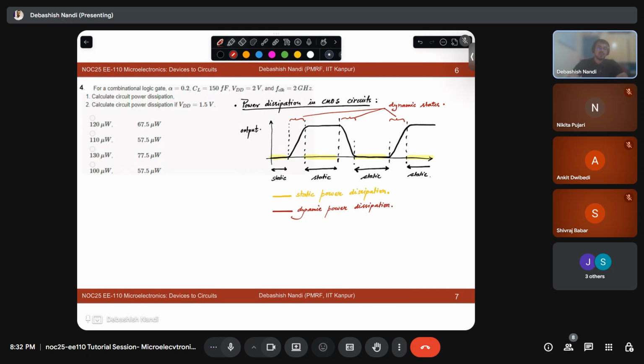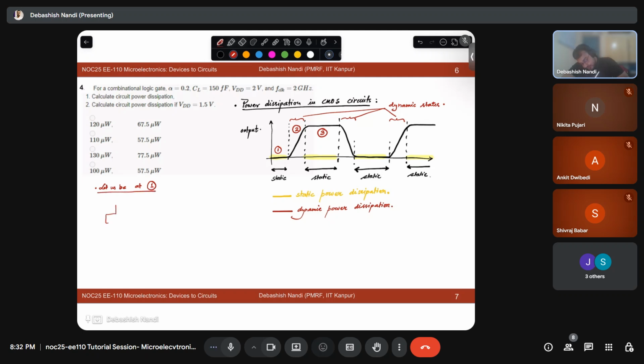Okay, so let us mark this as 1, 2, 3. We'll analyze these 3 components. Others are just simple. So let us be at 1.